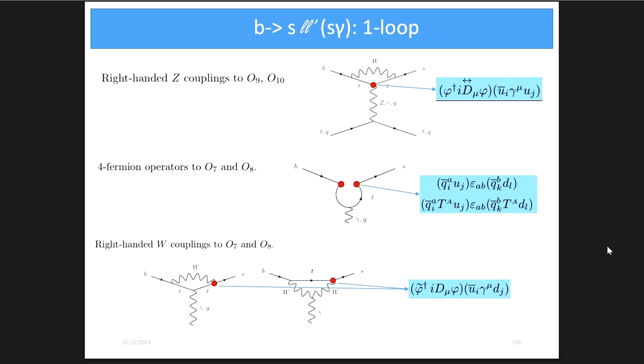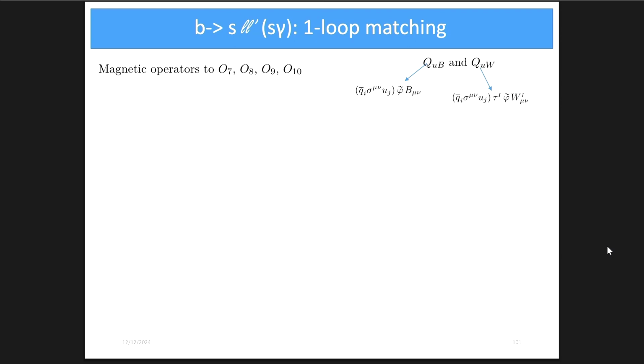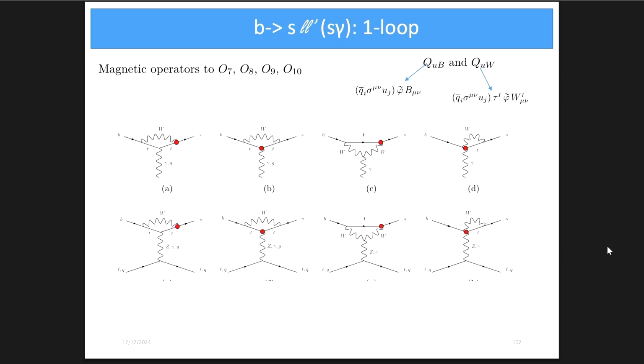Okay. Finally you have another set of operators, magnetic operators. This operator can contribute to all these 4 Wilson coefficients. So these are the set of diagrams. In principle, you see all the operators with a Z here, Z gamma G, and with a W, this operator will contribute in this vertex.